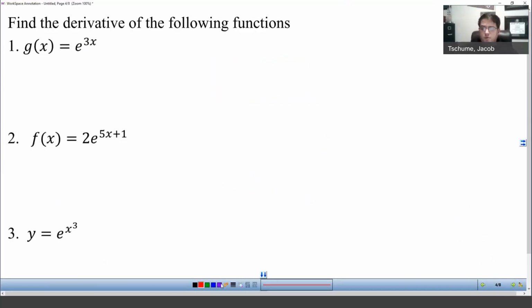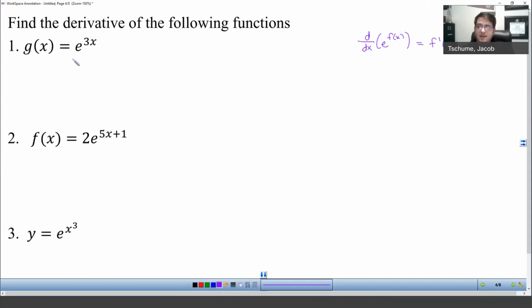All right, so here's numbers 1 through 3. All I want you to do is practice, and we're going to find the derivative of the following functions. So for number 1, g of x is equal to e raised to the 3x. So remember, the rule that we're doing over here on the right is if you take the derivative of e raised to a function, this will just be f prime of x times the original exponential function.